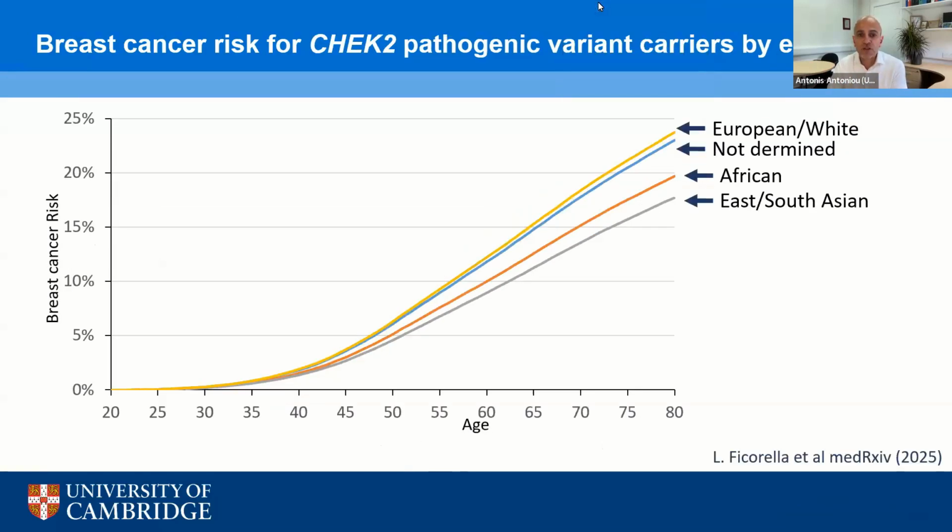Similarly, for a CHEK2 pathogenic variant carrier, the risk will be around 24% for those of European ancestry, and for CHEK2 carriers of Asian ancestry, the risk is around 17%. So, for example, in the UK, where the threshold for defining someone as at moderate risk of developing breast cancer is 17%, an Asian CHEK2 carrier will only just make it.